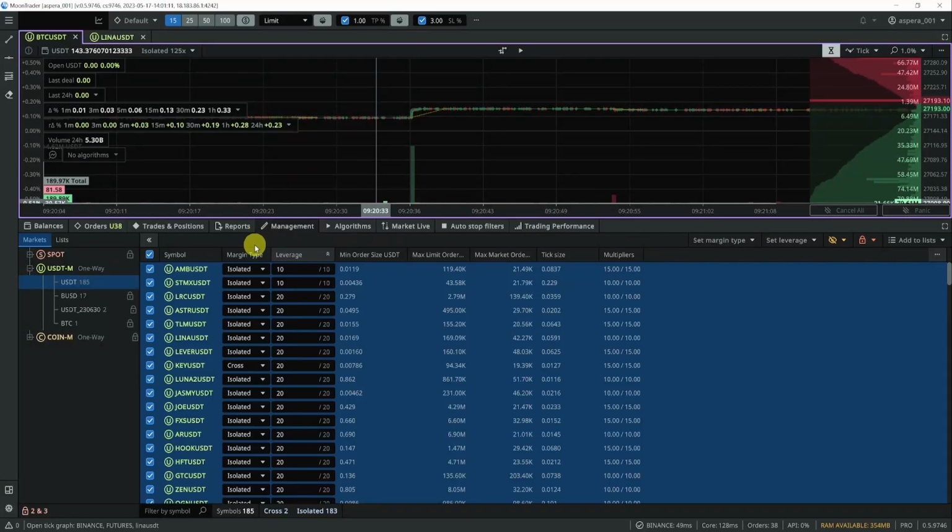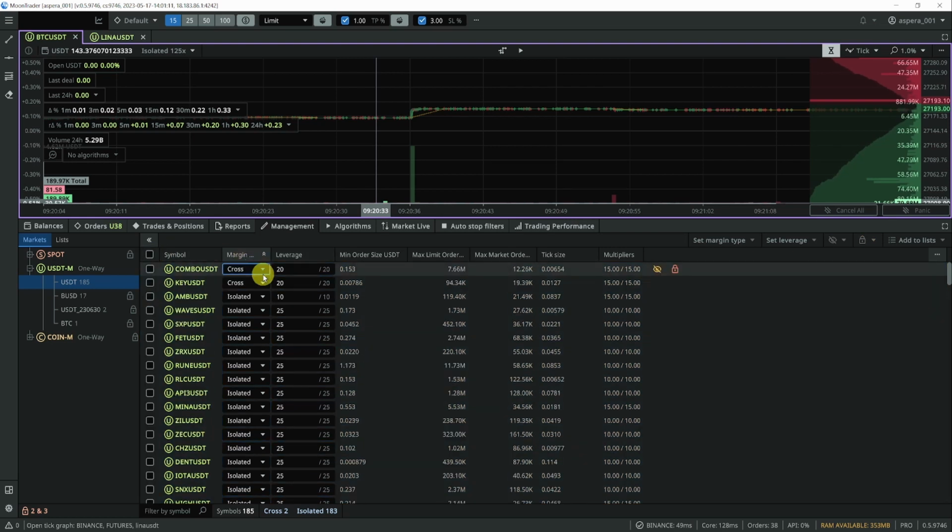Another thing we have to talk about is margin type and taking care of newly listed coins when you're doing active markets. So here, let's deselect this and filter by margin type. You can see there are two options, cross or isolated. This also deserves a separate video in itself, but isolated margins basically means that in any open position, you have a certain margin frozen from your real money.